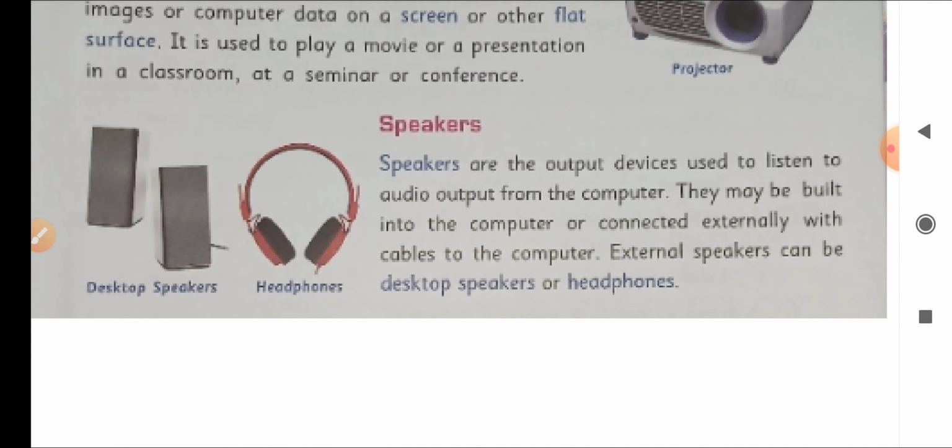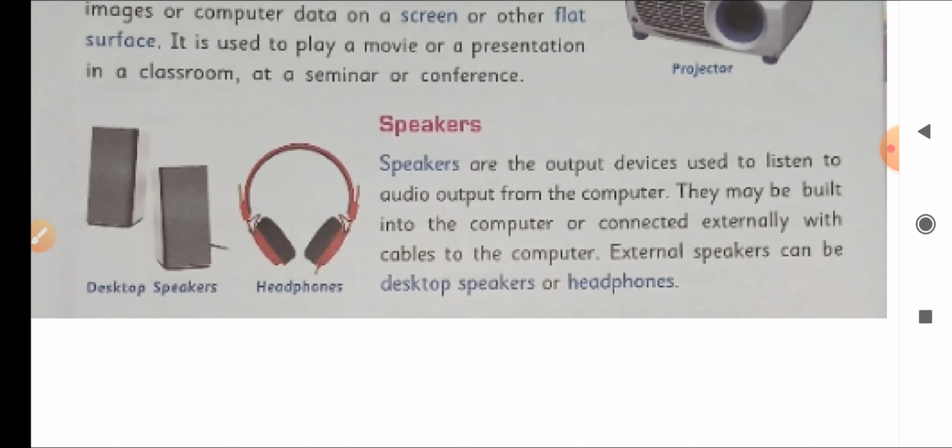See, you all have used headphones, isn't it? Whatever command you give in your cell phone or in a computer system, if you want to play music, you can hear the sound with your headphones. Sometimes you can connect it with the computer by using cables.